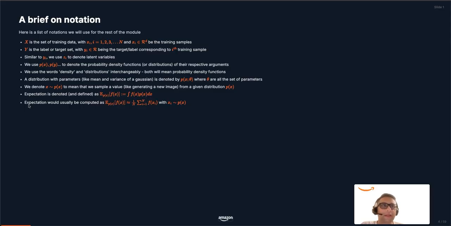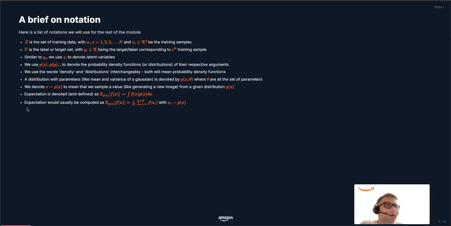And compared to undergrad, the only thing that is extra is this particular subscript that I'm using, which basically says that x follows a distribution p of x, and we are taking the expectation of a function of x. Okay, so this is a standard definition of expectation.